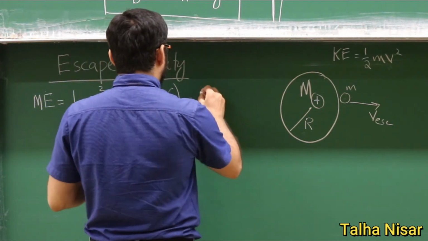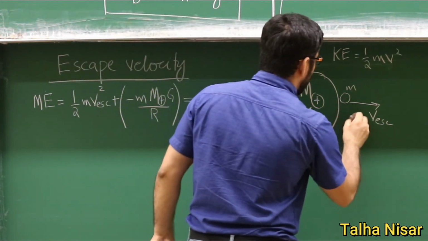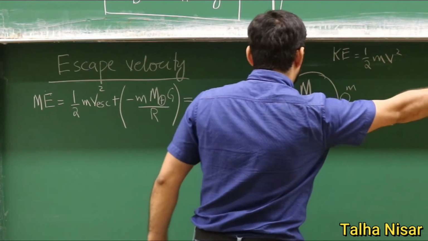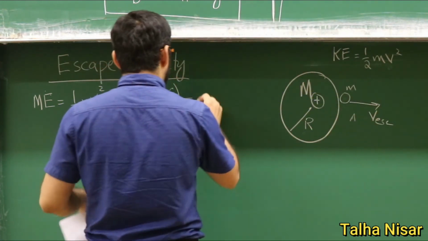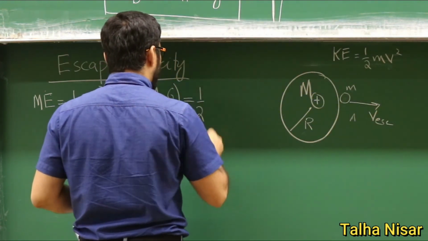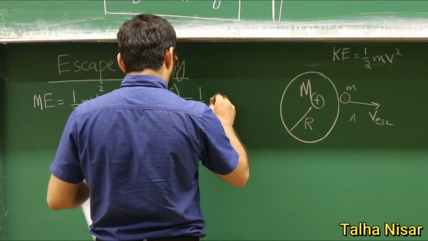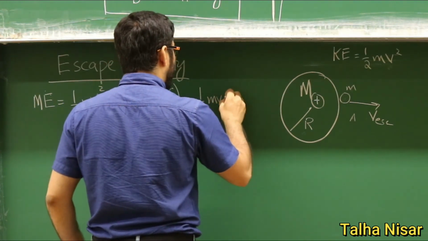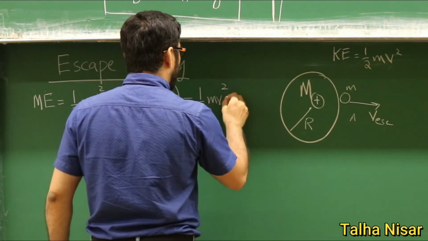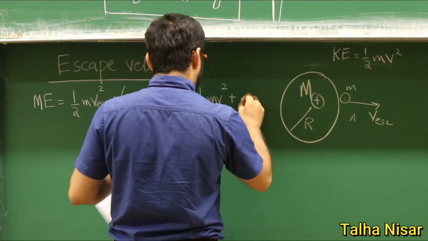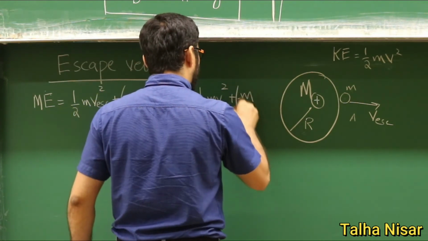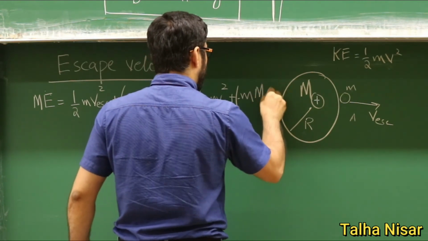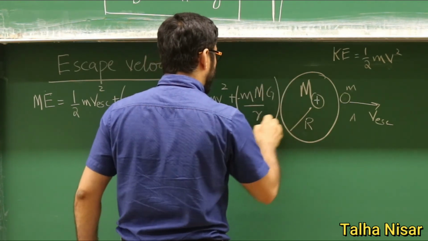So this must be equal to, for example, a point A, and then we have infinity there. At infinity, we also want to know the kinetic energy. So kinetic energy plus minus m G M again over r. This is a different r.